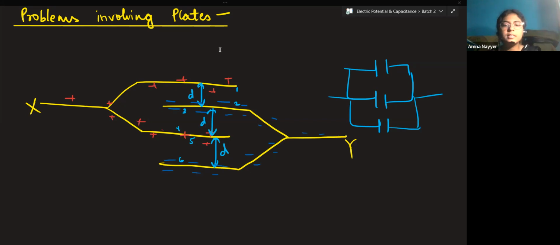If air is the medium, what is the capacitance of two parallel plates? We had seen four cases. This was the first case. Then we had seen if a dielectric slab has been inserted, if a dielectric slab has been partially inserted, if a conductor has been inserted.